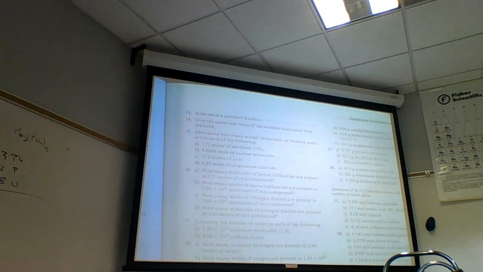And so, what are the units here? Well, these are molecular units. So we could say that there's 6.022 times 10 to the 23rd molecules per mole of molecules. If it's formula units, I would say formula units, but it's ionic.